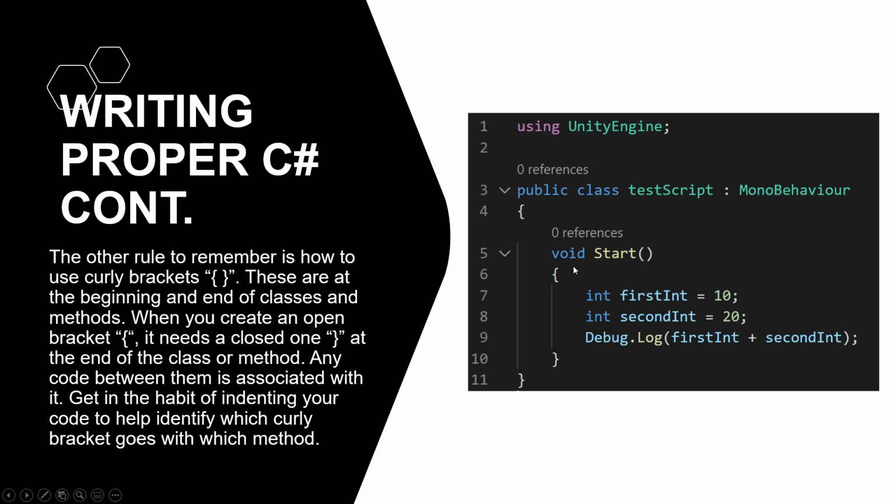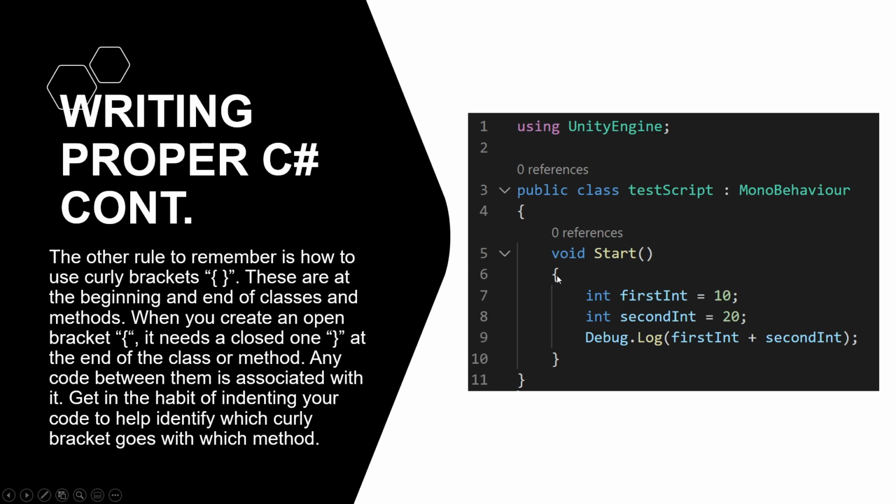It is a good habit to indent your curly brackets and the lines of code as you start to write things. So for instance, we can see this start method is indented inside of this class. It has its own open and close, just like the class has its own open and close.